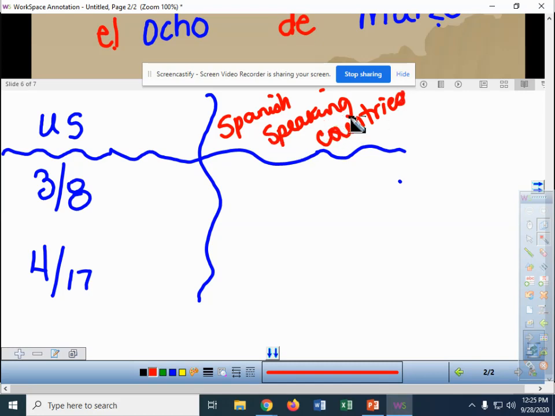So in Spanish-speaking countries, I will write March 8th like this. And this is how I write it. This is March 8th, April 17th. So it pretty much flips, okay?